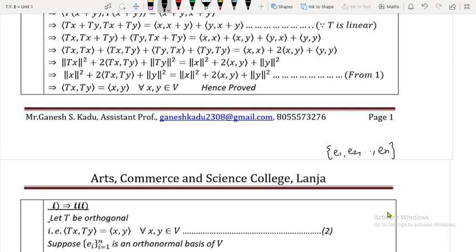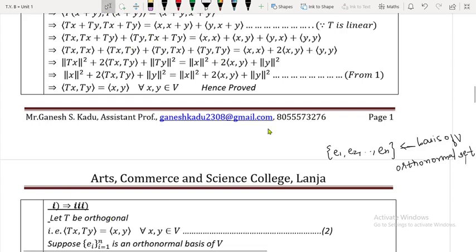So it means this set is a basis of V, and in addition to it, it is also an orthonormal set, right? This is the meaning of orthonormal basis. Now note one thing, this set contains how many vectors? n vectors. So therefore what is the dimension of V? Dimension of V is n, right? So this is clear.